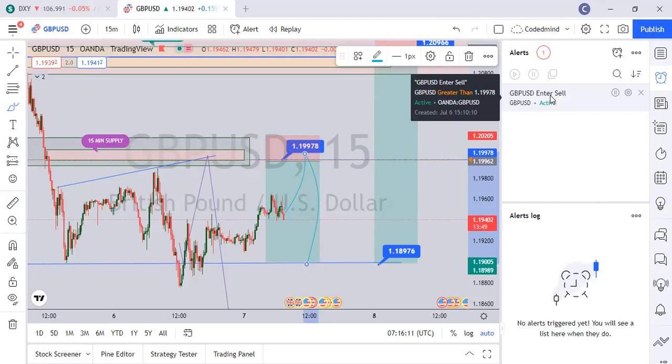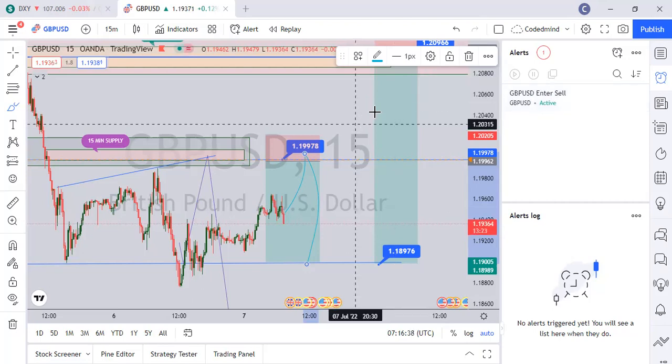It's not about just making the entry. It's about looking at whether that entry has been confirmed by other factors like liquidity, or maybe a break in structure on the lower time frame. Since we are looking at the 15-minute zone, we can take entry based on the 1-minute zone. All right, so that is it.